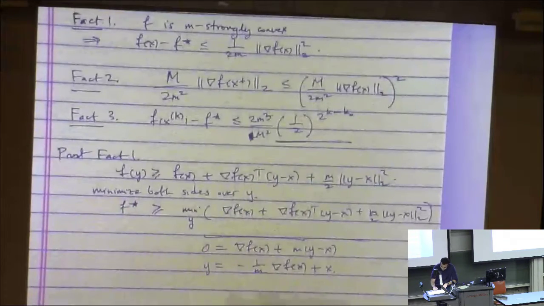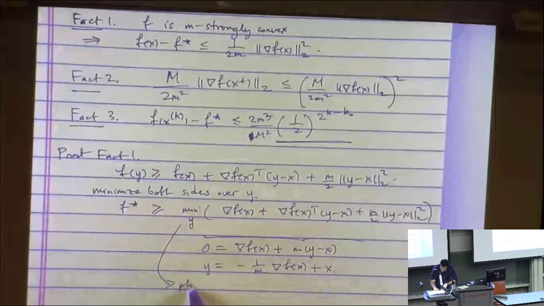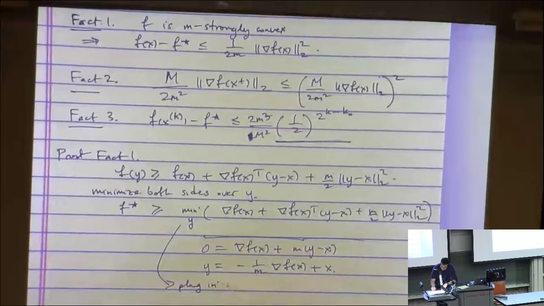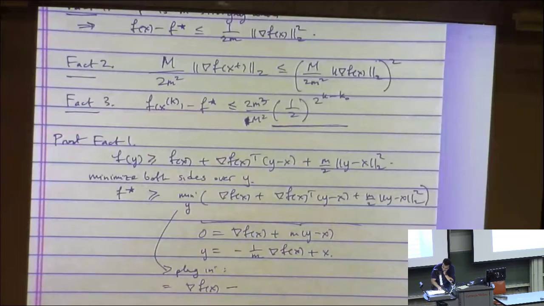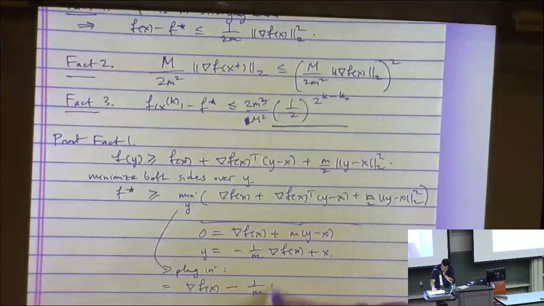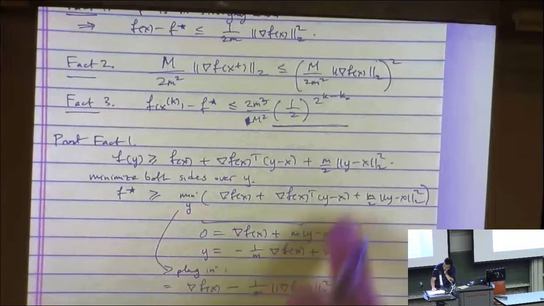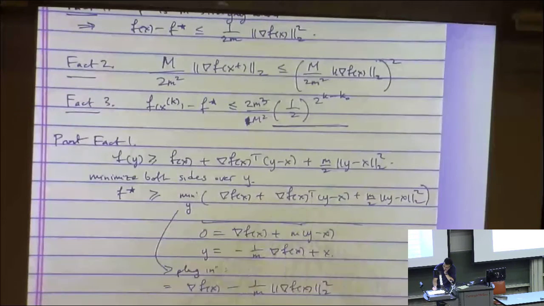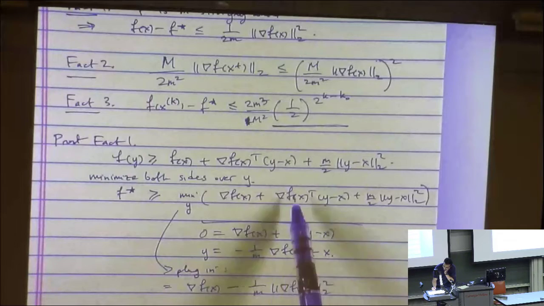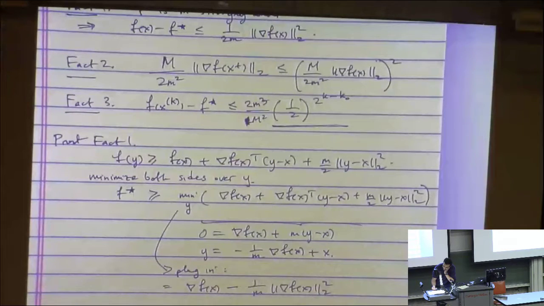Okay, so plugged in, we're going to get that this right-hand side is equal to f of x minus 1 over m times the norm of the gradient squared. If I plug in this value of y minus x and take the inner product with the gradient, I get the inner product of the gradient with itself times negative 1 over m. That's this.